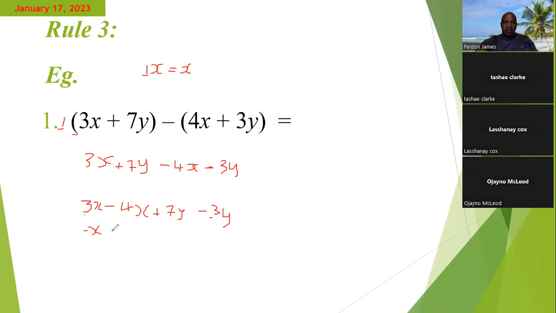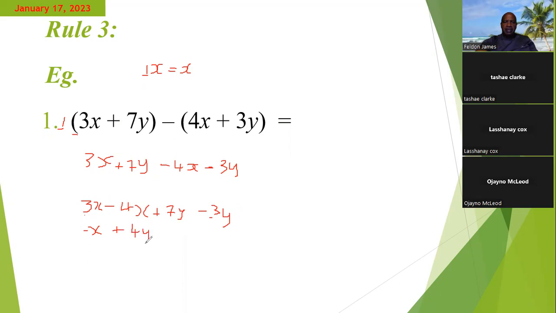Positive 4. So you will get +4 because the 7 has a bigger sign. You take away 3 from 7, and you keep the sign of the bigger one. The 3 from 7 give you 4. The 7 is the bigger one and it has positive. So your answer should be +4. So now we will have what? +4y.